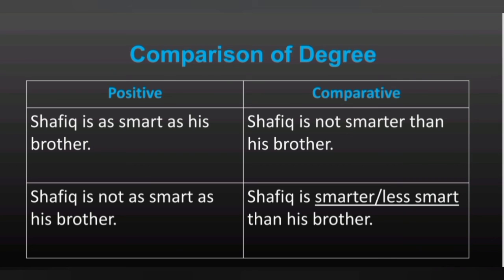"Shofik is not as smart as his brother." That means Shofik is not equal in respect of smartness. We understand that either Shofik is more smart or less smart than his brother. So the answer should be "Shofik is smarter or less smart than his brother."